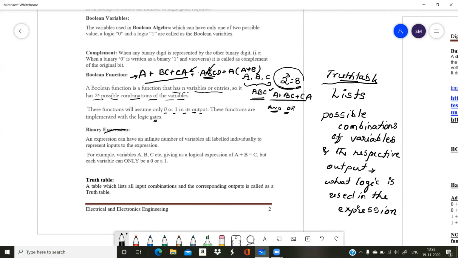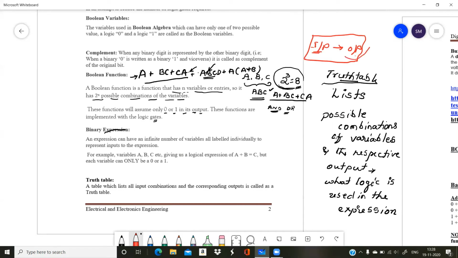So a truth table consists of all the possible inputs and the respective outputs. It is nothing but a table which consists of both the input as well as the output. The input is written as a Boolean function.